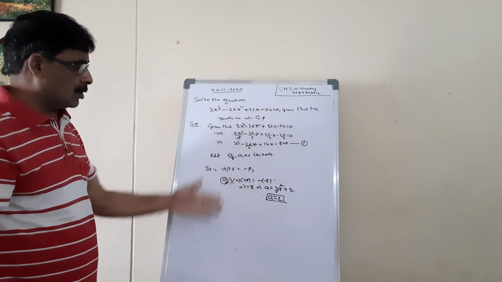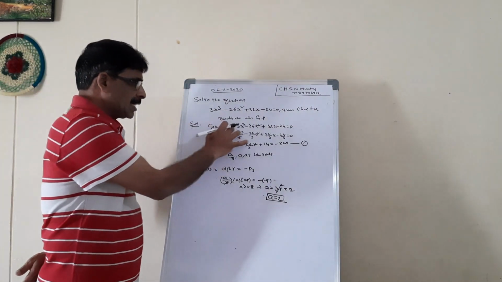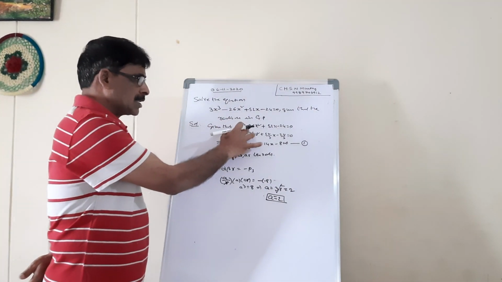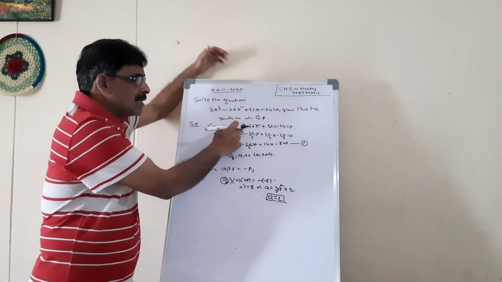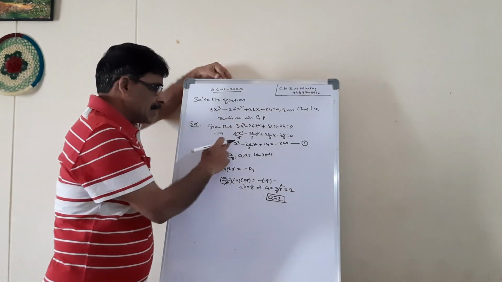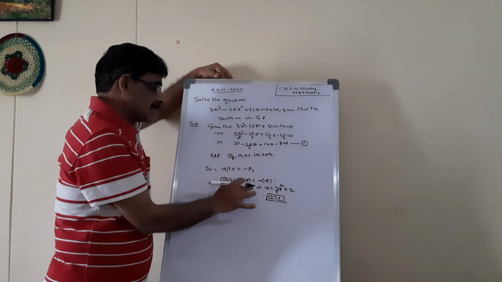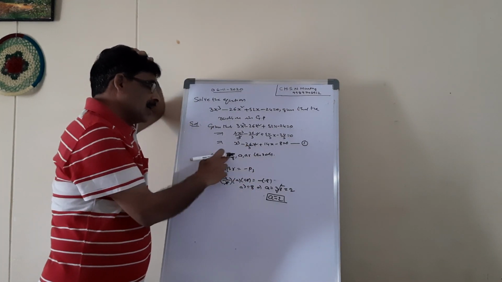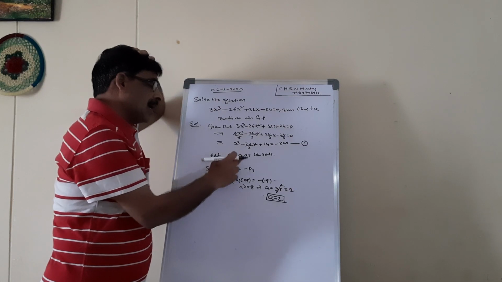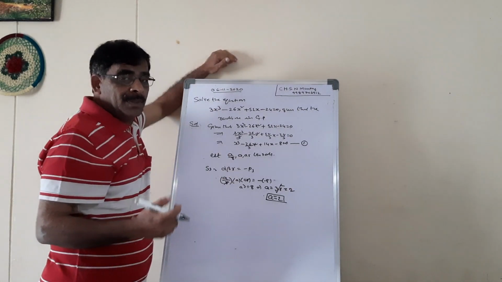Once again, go through the problem here. The equation is 3x cube minus 26x square plus 52x minus 24. To make the leading coefficient 1, we divide by 3. See, this is the equation. Now the roots are A by R, A, AR in geometric progression.